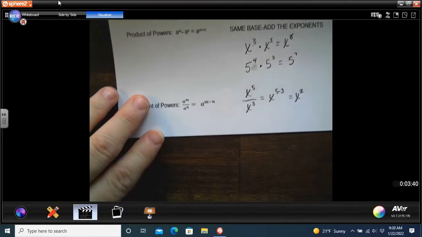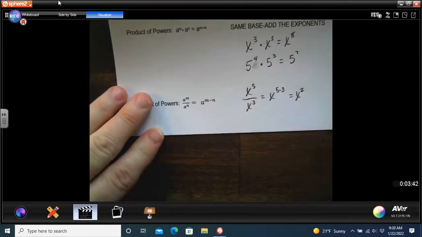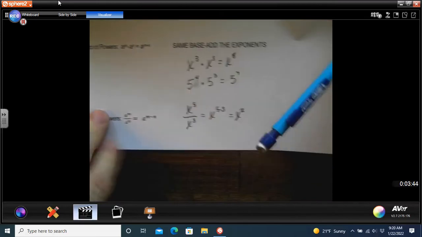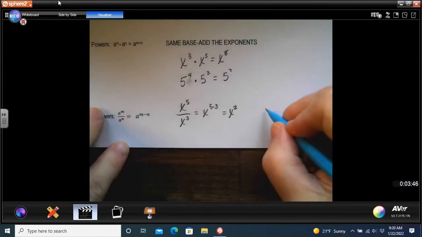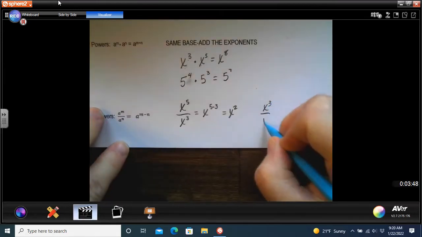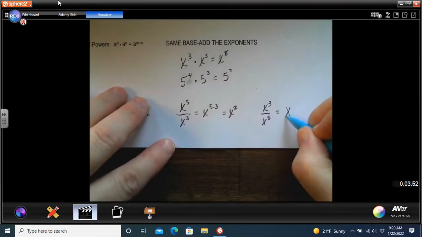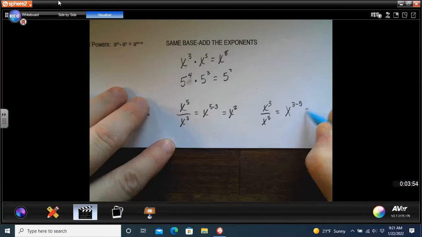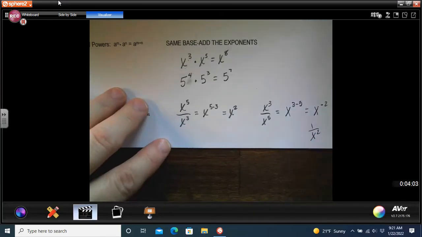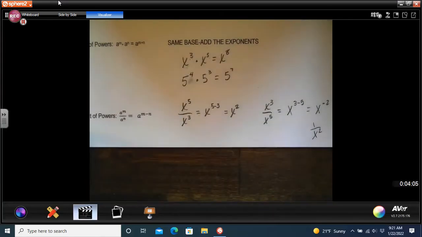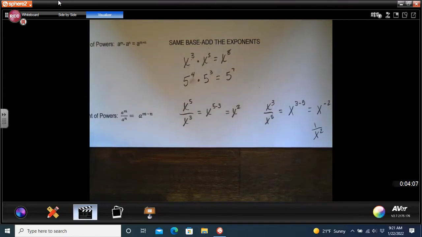If it's the other way around, where I have x cubed over x to the fifth, instead of writing that as x to the 3 minus 5, which is x to the negative 2, we say that this is 1 over x squared. We keep the exponents positive unless we're asked to do something else.